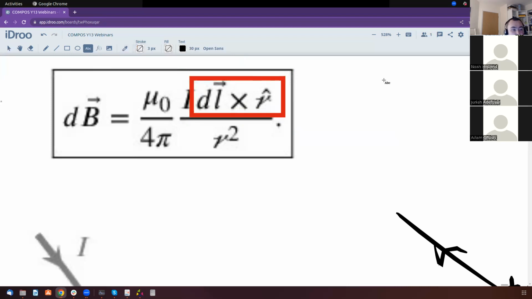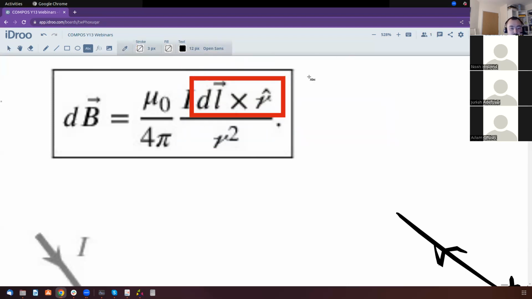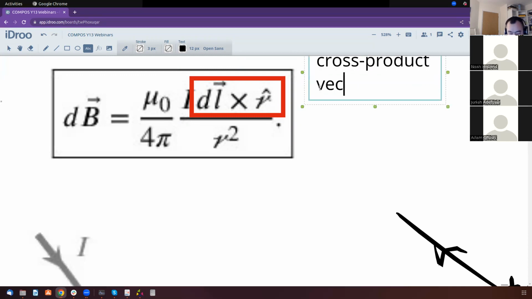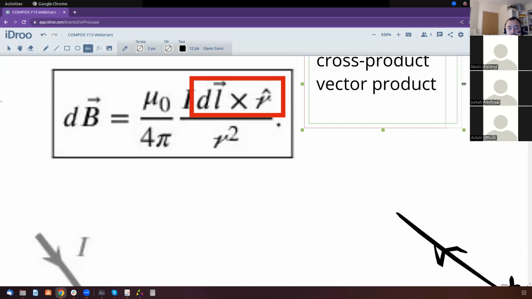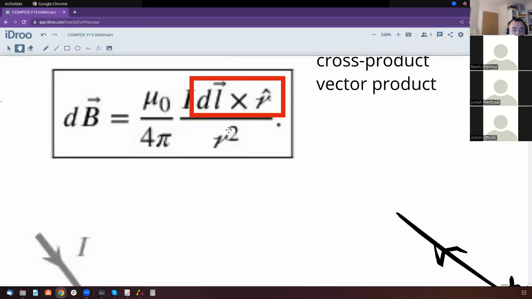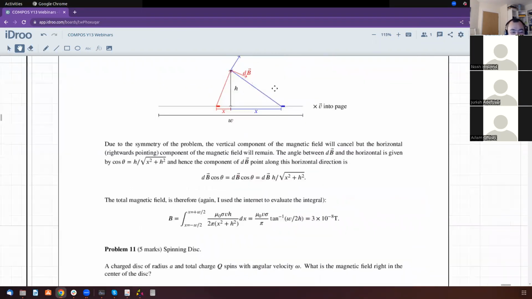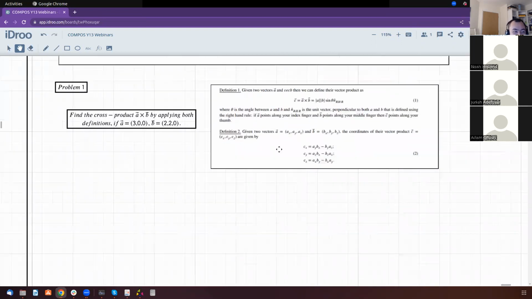So I'll just make a note of this: this is the cross product, or vector product. It's a vector product of two vectors. And this is what we're going to start with, a little bit of maths.